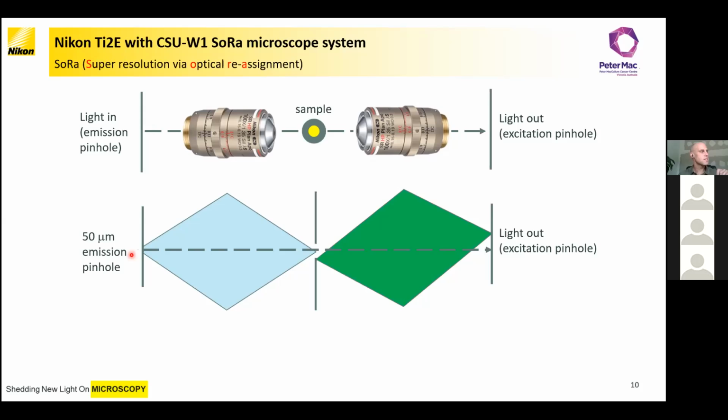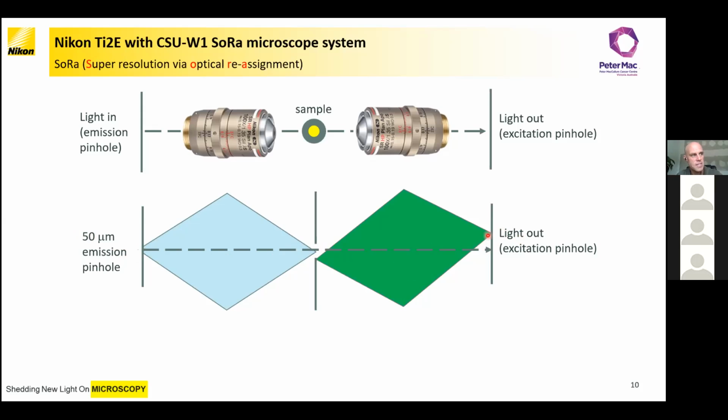Now, what this means is that although most of the light passes through directly, as it would in an infinitesimally small pinhole, there is the potential for some of the light emitted from the perimeters or outside of the true optical plane of the emission pinhole to follow a path through the sample that deviates slightly from that optical plane.